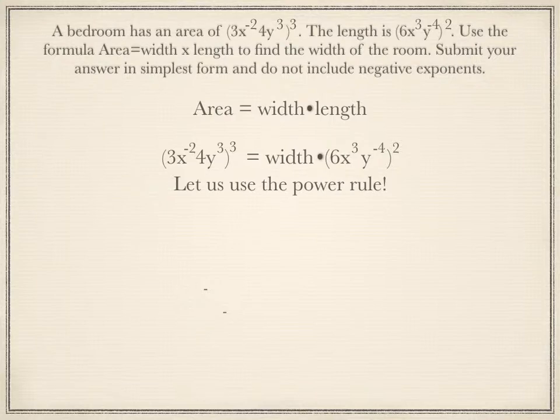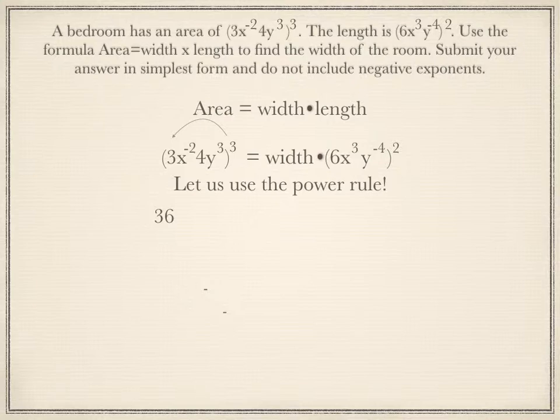The power rule takes the 3 and multiplies everything in the parentheses 3 times, or takes it to the third power. So 3 to the third power is 3 times 3 times 3, which is 27. Our power rule states that when we have an exponent raised to an exponent, we multiply those exponents.